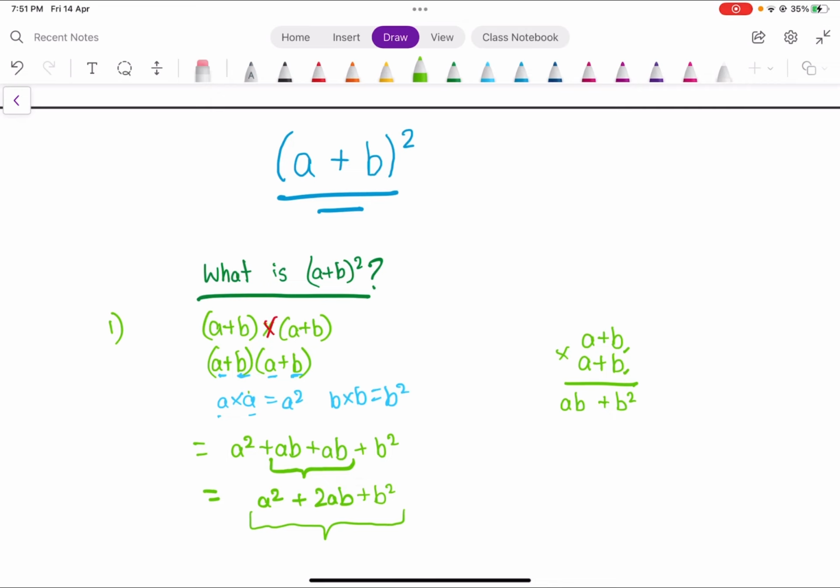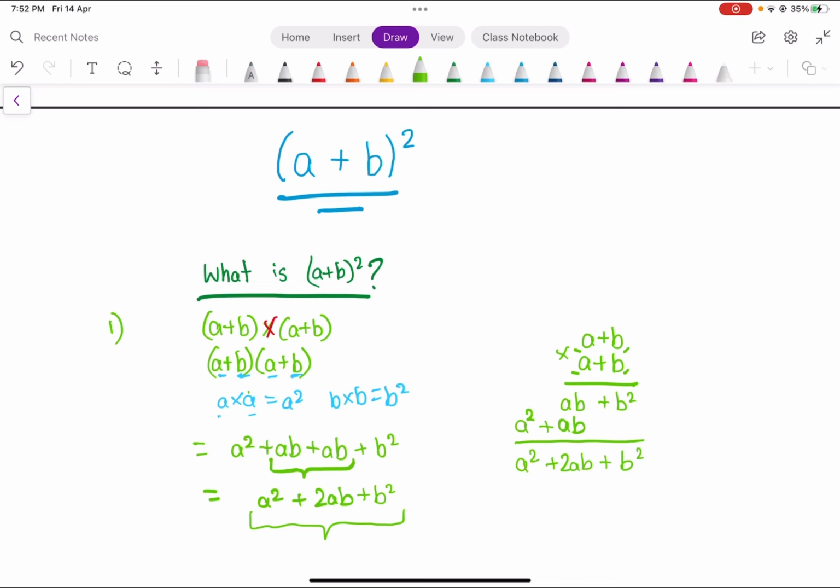A times b is again ab, and a times a is a squared. And again, ab is positive. Now we add them up. b squared plus 0 is b squared. ab plus ab is 2ab. And a squared plus 0 is a squared.